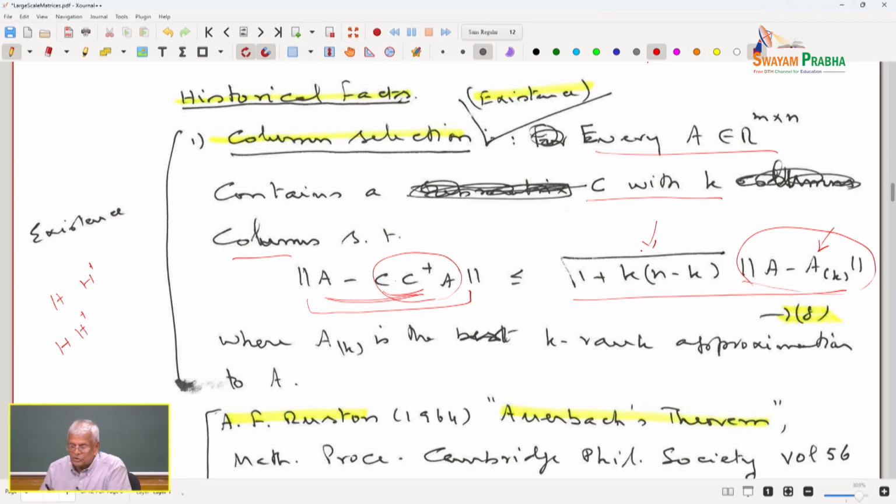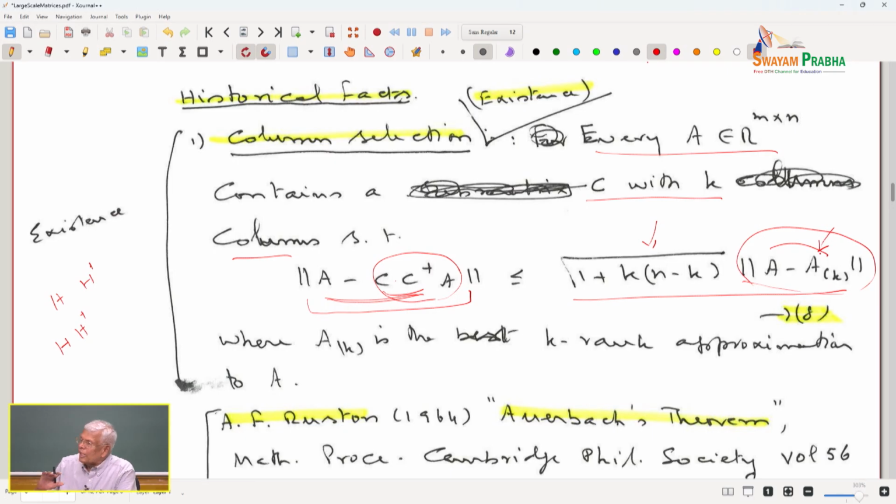The submatrix consisting of these k columns is such that the projected value of A, the error in the projection, is no more than a constant multiple of the best error. If A_k is the best k rank approximation, A minus A_k is the least error possible. So, the error in this approximation that is given by the column selection is no more than a constant multiple of the best result, the best k rank approximation.